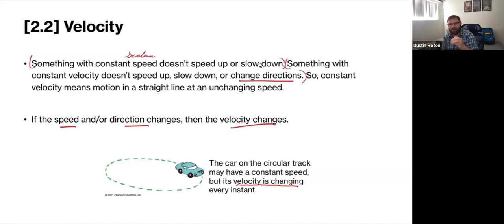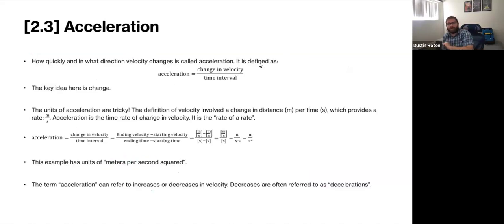An acceleration is actually the measurement of how this velocity changes. And this applies even to this car where we have this constant change in velocity, which is direction and not necessarily a speed. So let's talk about acceleration.